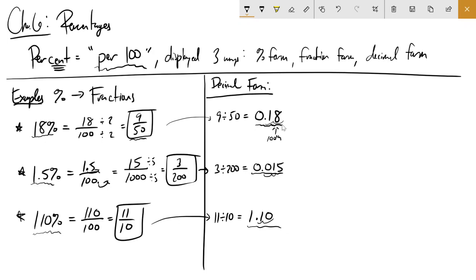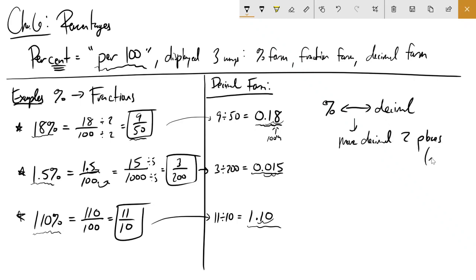So if you're trying to go back and forth between percentage form and decimal form, all you have to do is move the decimal 2 places.